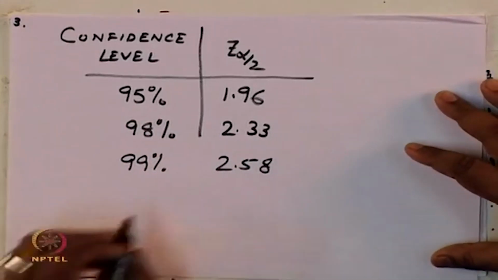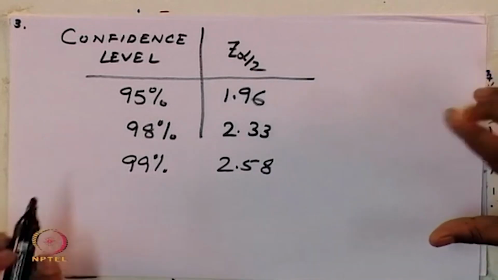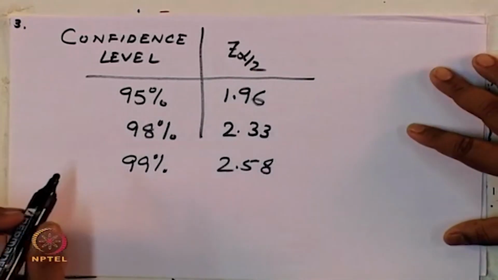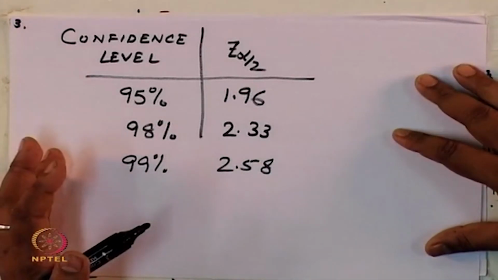Now, this is a two-sided, two-tailed confidence interval, right? You have a lower bound and an upper bound. You can also find just a lower bound or just an upper bound.